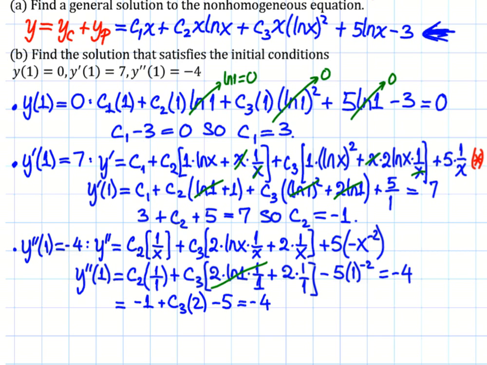So from this, we have 2 C3 minus 6 equal to minus 4, and move the negative 6 to the other side, it becomes a 6. So we have 2 C3 is equal to 2. So C3 is equal to 1.